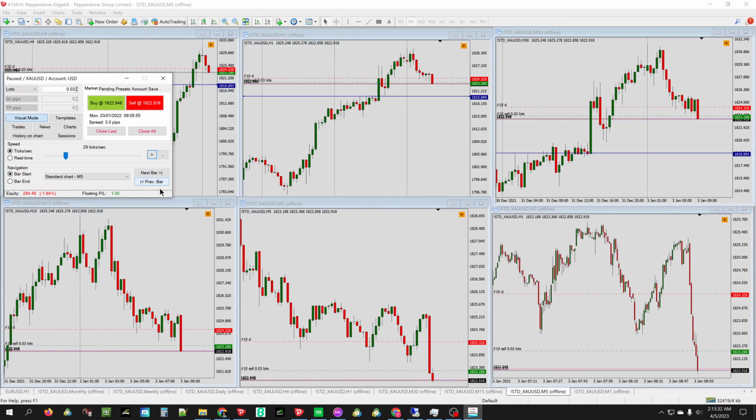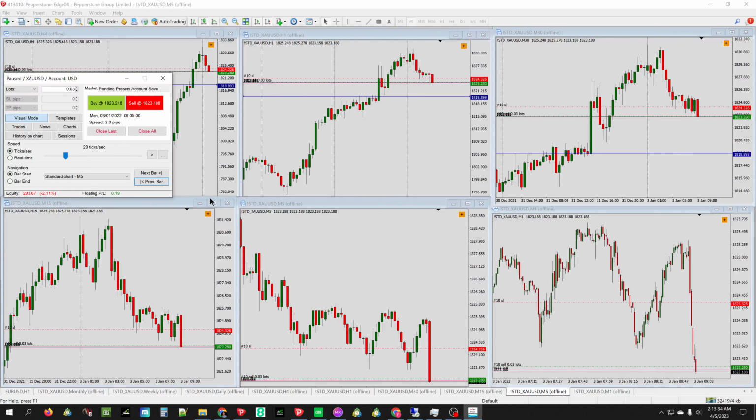Alright, this H1 candle is 4 minutes old, and we have broken through the previous, or hey, wait. Alright, if I look in here, we are breaking below the H1 candle, M30 candle, and M15 candle.